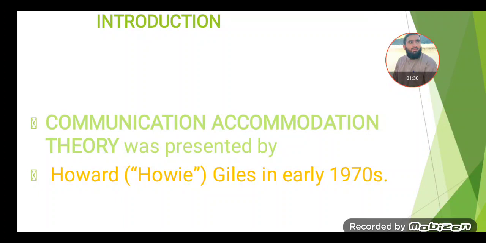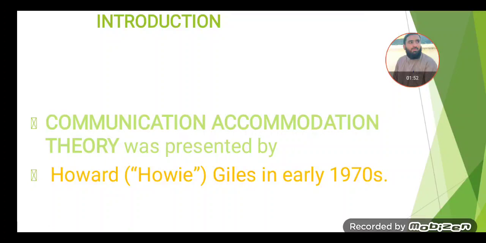So this theory is also based on research, conducted by Howard Giles and his colleagues as well, and later on some modifications were contributed by other scholars to the speech accommodation theory or communication accommodation theory.